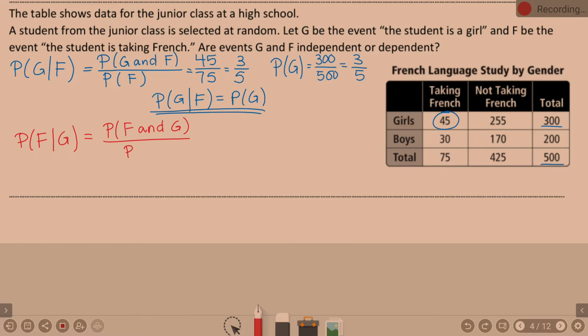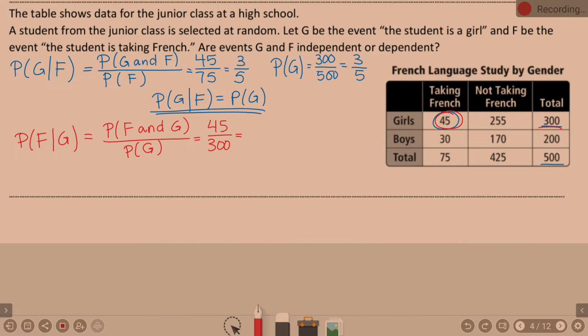Go for the condition. So how many students are taking French and a girl? 45. Still 45. How many students are girls? 300.